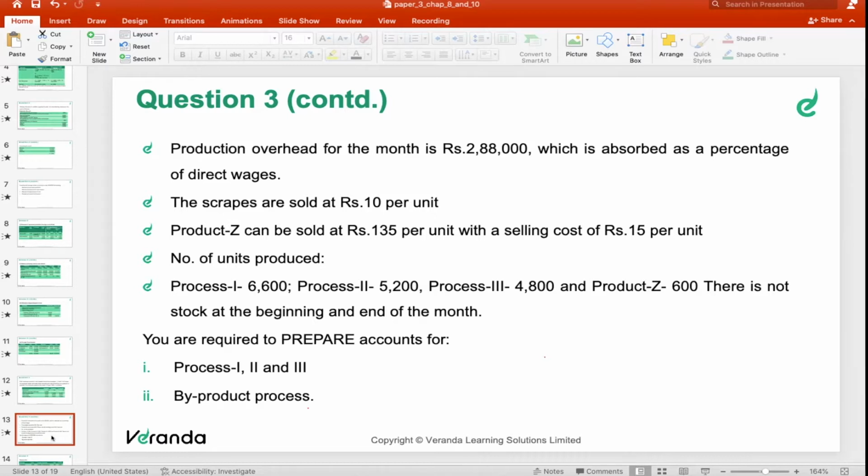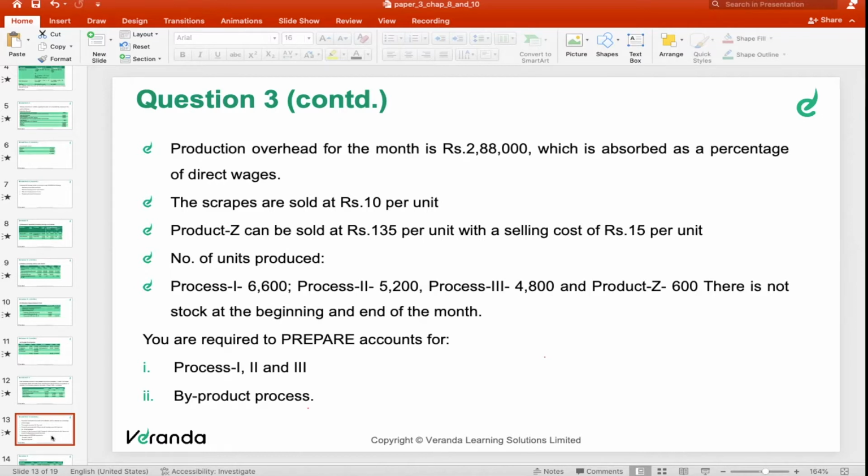Each and every process is called cost center, because we are incurring cost for every process.